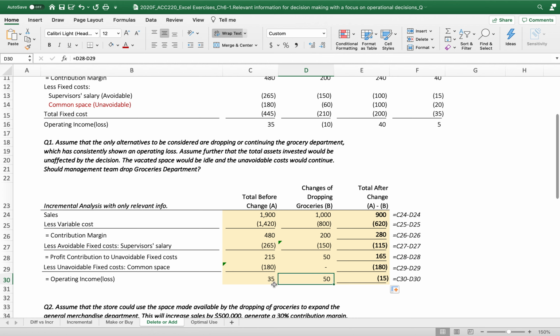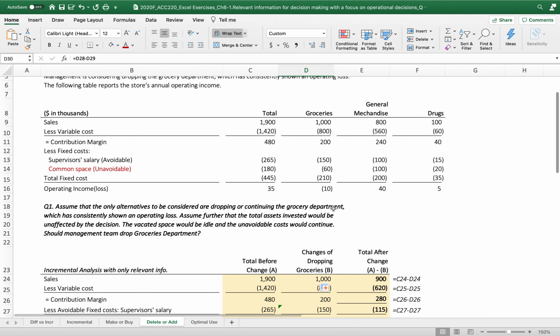That affects this $35,000 operating income, turning it to a negative operating income, an operating loss of $15,000. So if you are the manager of the company, you cannot drop this grocery store just by looking at this $10,000 operating loss.